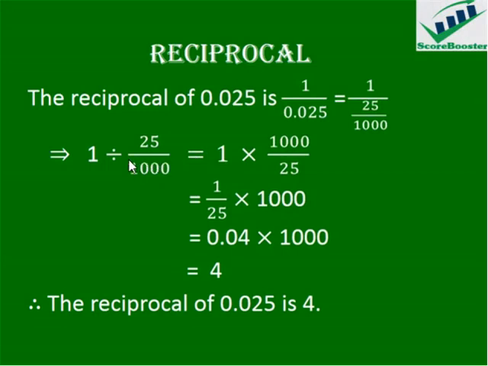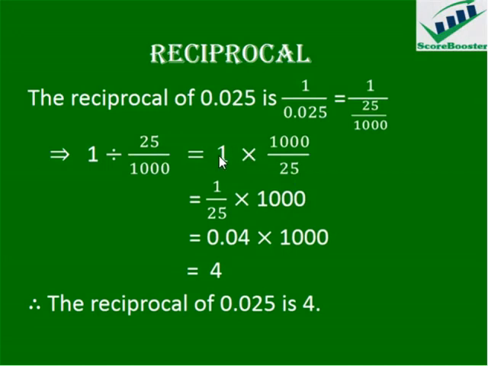When you want to convert your division sign to multiplication, the numerator will change to the denominator and the denominator will change to the numerator, and that is what we have here, which equals 1 multiplied by 1000 over 25.